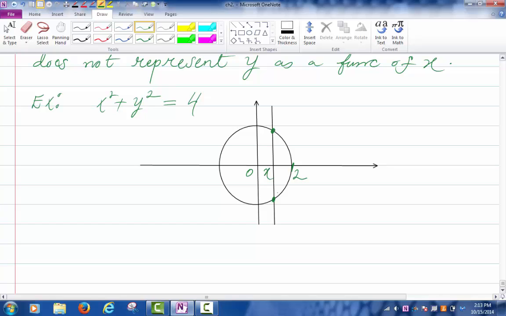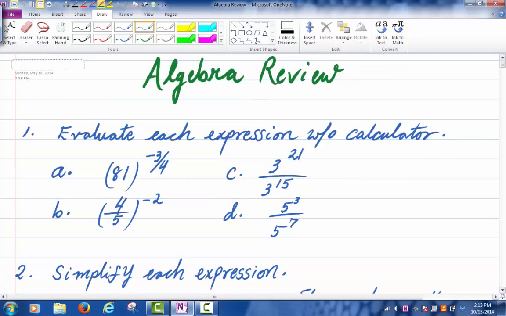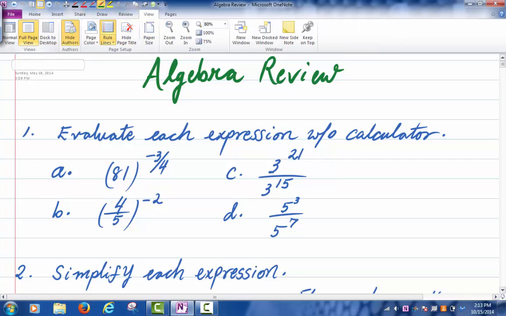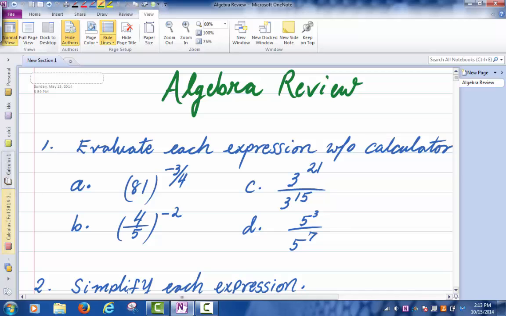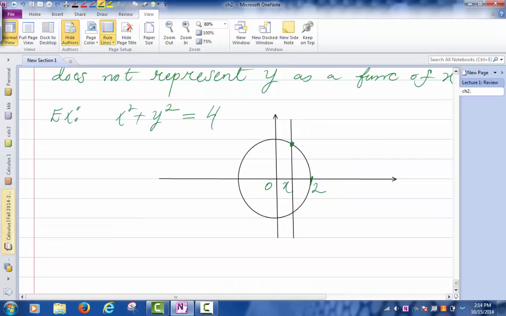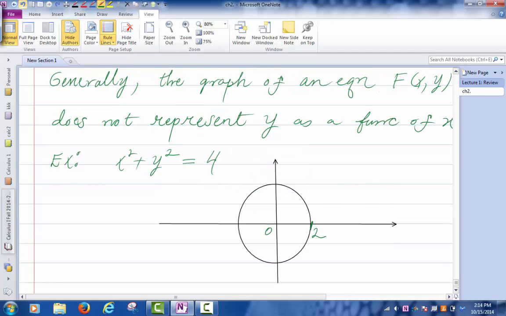However, notice that the entire circle doesn't represent y as a function of x.